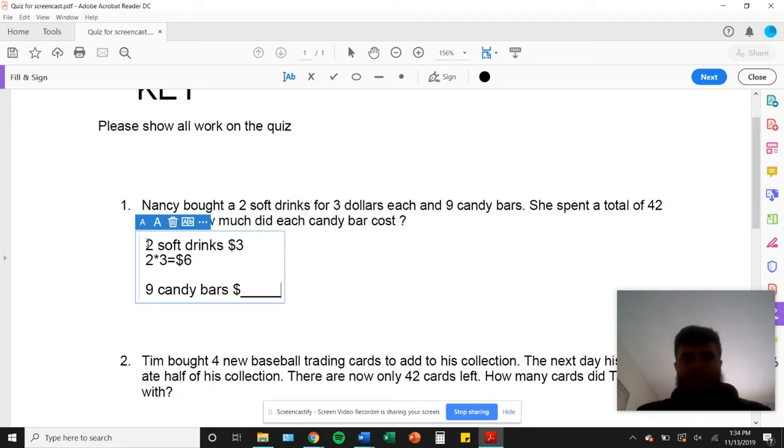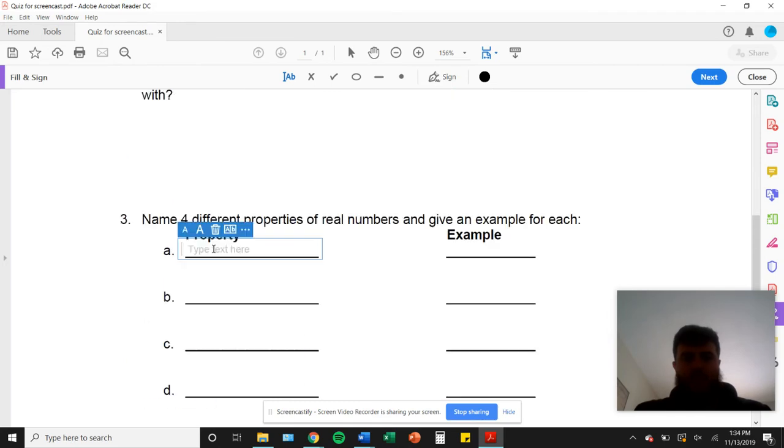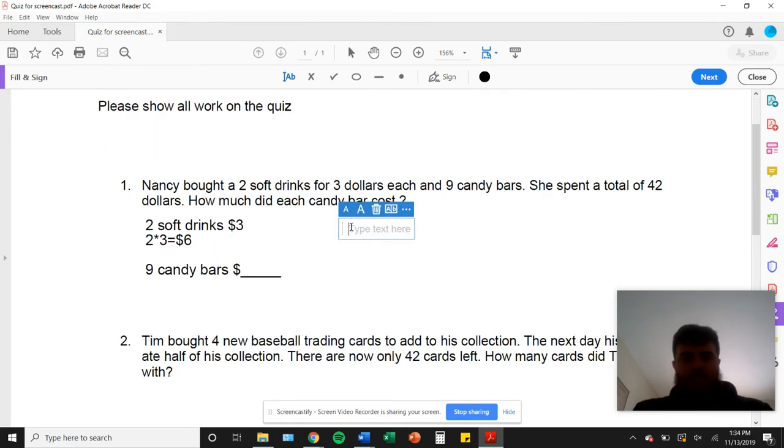So the way we're actually going to solve this is, sorry about that, everyone. We know that we spent $6 total, and then we add that to the 9 candy bars, but what we're going to put here is an X. So this becomes 9X equals $42.